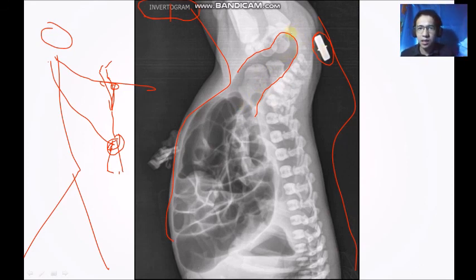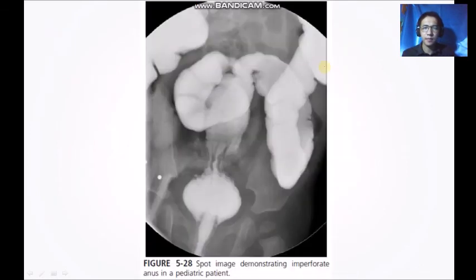So the physicians would know the distance between the suggested opening and the terminal portion of the colon or the rectum. For their operation, it is easier because they know how far they need to pull the intestinal tract, or maybe they can adjust it with different materials.